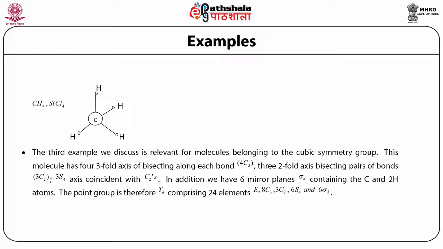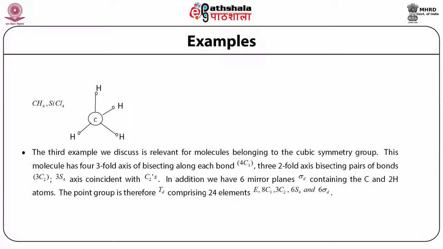In addition, we have the mirror symmetry, which consists of 6 mirror planes sigma d containing the carbon atom and the line bisecting the angle between H, C and H. So there are 6 such mirror planes.